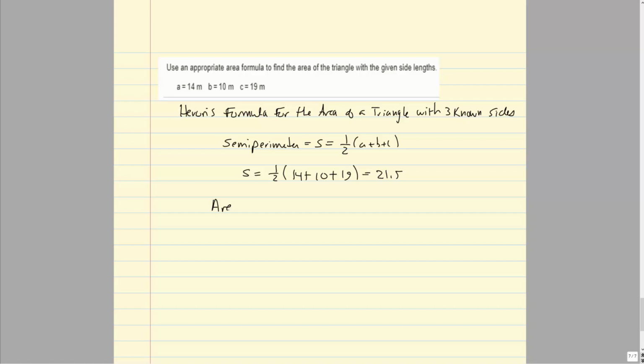So to find the area, that's going to be the square root of 21.5, the semi-perimeter, times the semi-perimeter minus each side. And again, this is under the square root sign. So I'm just going to go ahead and plug this into my calculator.